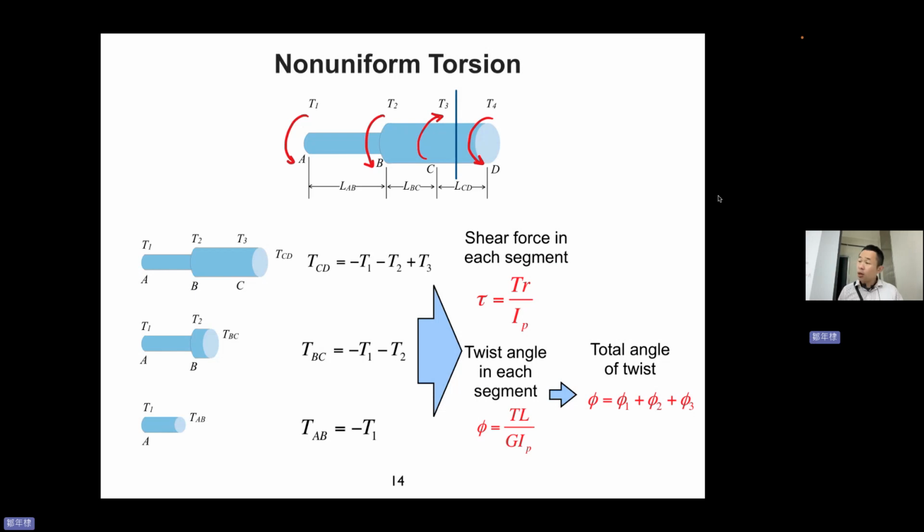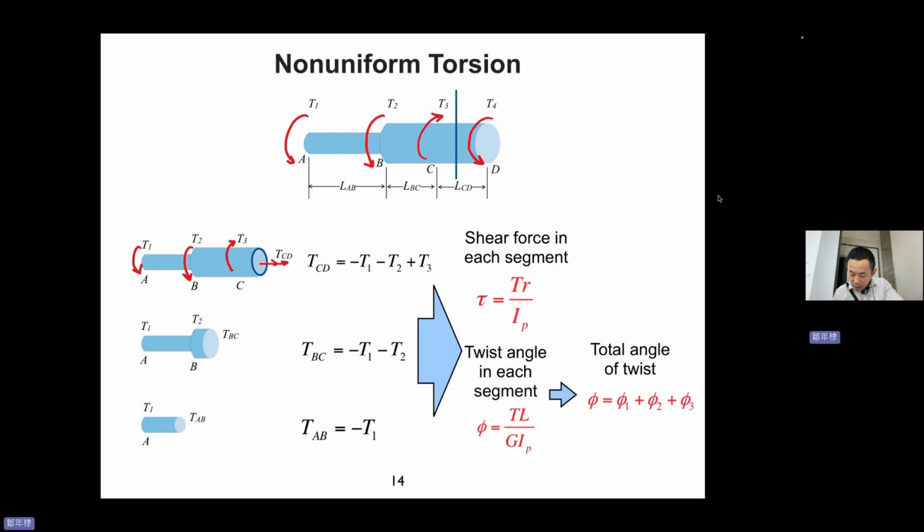I cut here, and I leave the left hand side. Okay, so T3 looks like that, T2 is here, and T1 is here. And of course, there must be an internal torsion called TCD, and I just assume the direction to be positive.